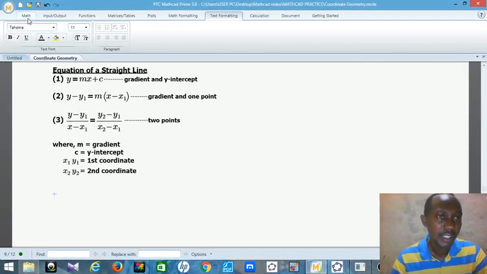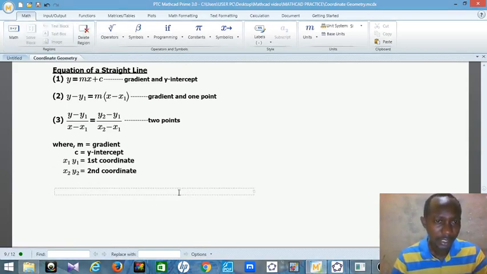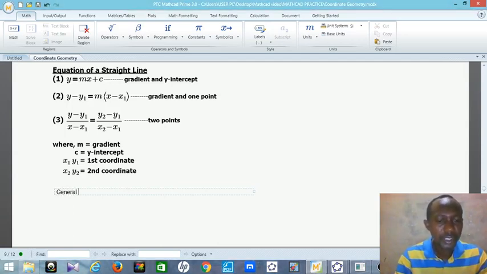Let's take this general form here. This general form is very important. Just like your quadratic equation, you need to know the general form of quadratic equation. So it's very important. So what is the general form of equation of a straight line?